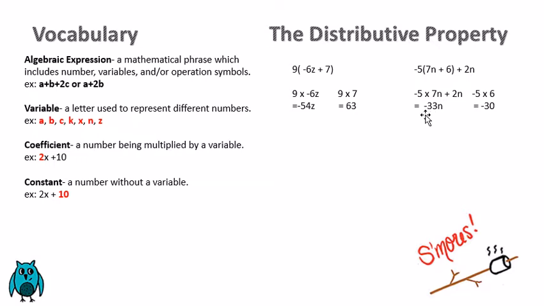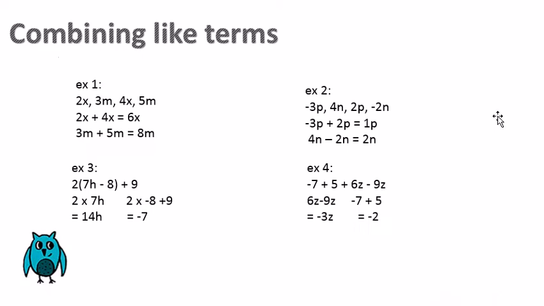And the answer for this portion of the problem is negative 33n. Then you take the negative 5 and multiply it by the 6 that's left up top, and you'd get a negative 30.